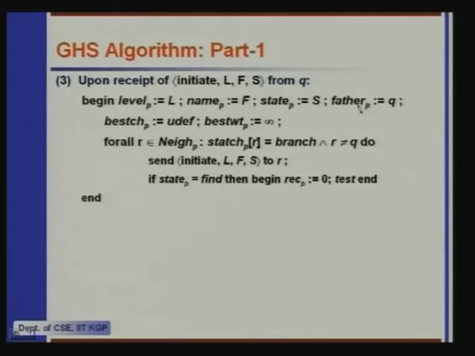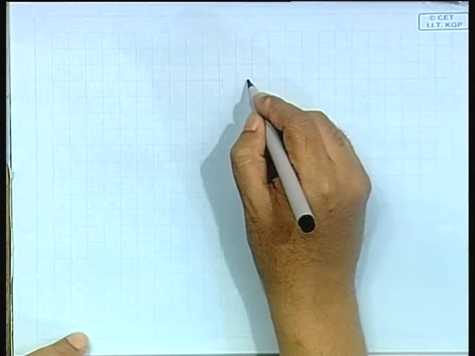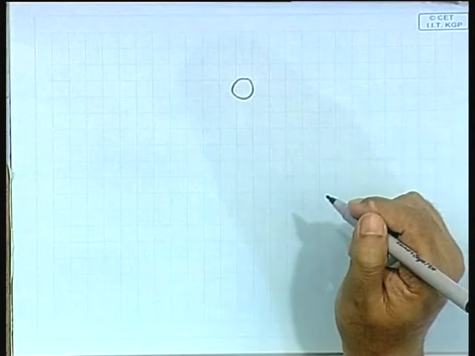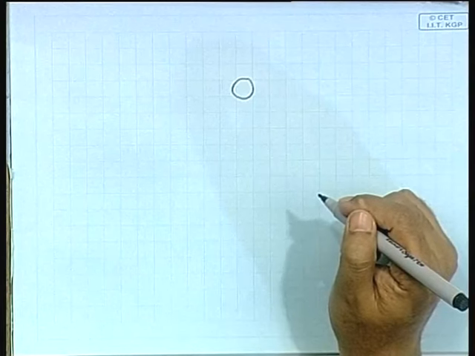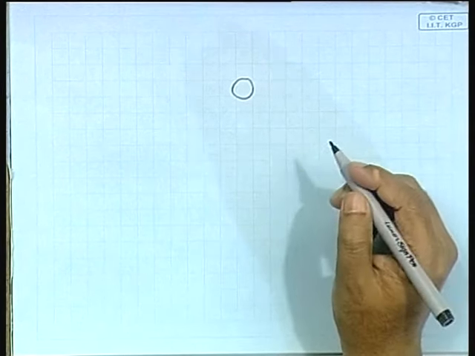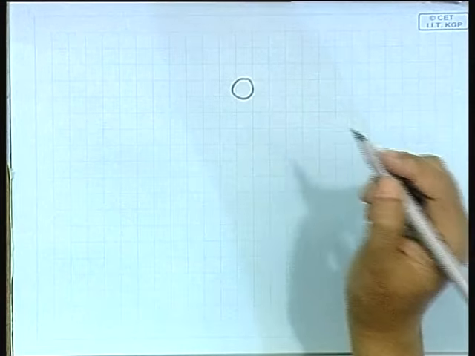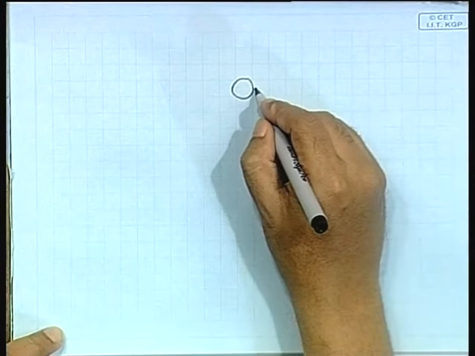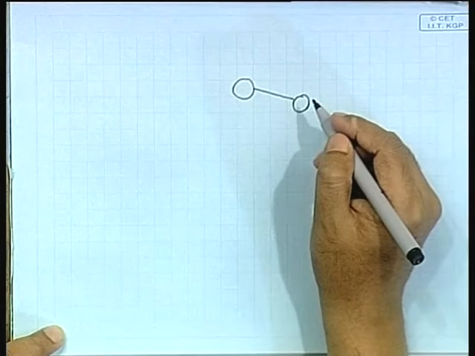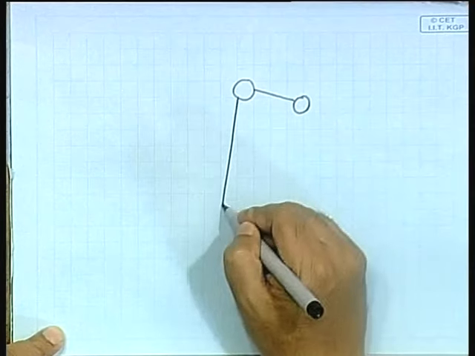A pointer leading towards the core edge. So, let us look at the 2 cases where the joining takes place. Case 1 is that the smaller fragment joins with the larger one. So, let us look at this: this one was the core edge of the larger fragment. This was the larger fragment.